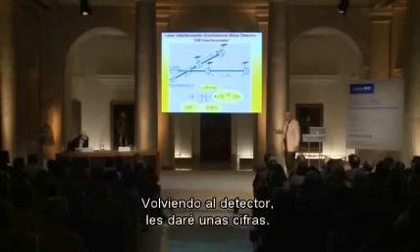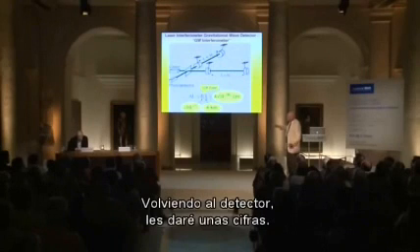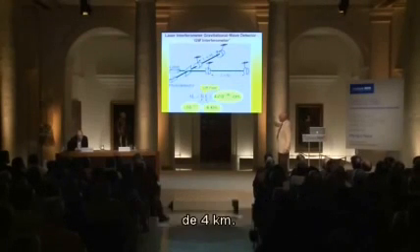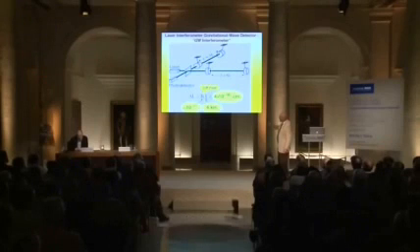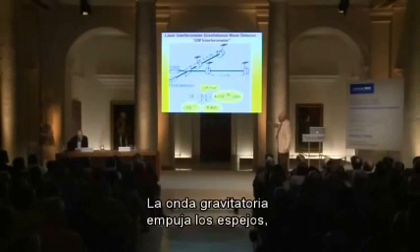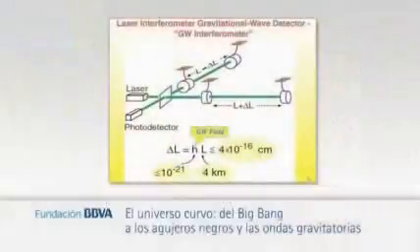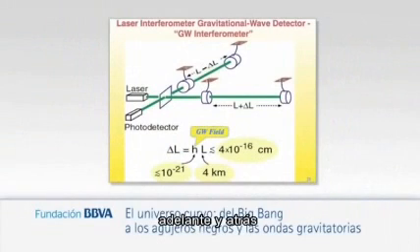To go back to the detector, let me give you some numbers. The separation between these mirrors in our gravitational wave detector is 4 kilometers. The gravitational wave pushes the mirrors, we expect for the sources that we believe we will see, back and forth by a fractional amount of 10 to the minus 21.